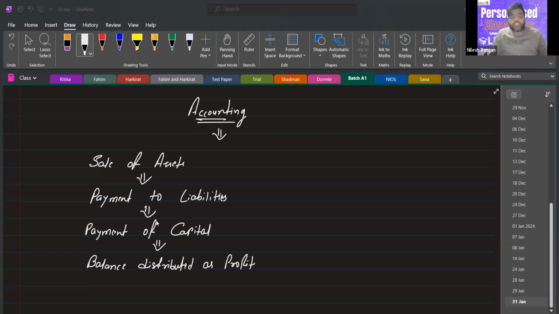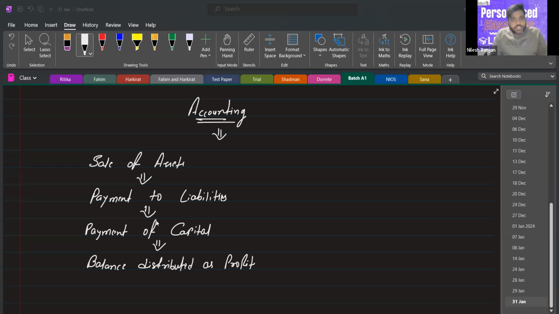Yes, very good. If we don't have enough amount after sale of our assets to repay our liability, then the partners will bring the money from their personal assets. If they have to sell their personal assets, they will do it to pay the liability of the firm.